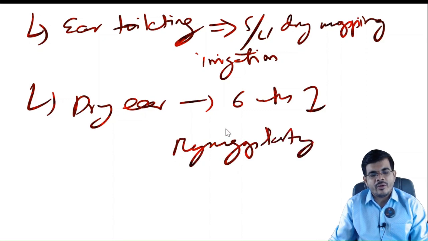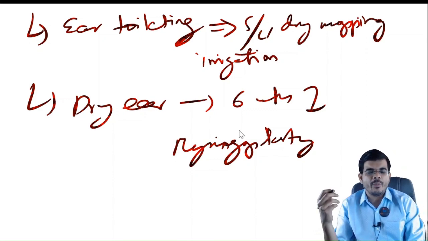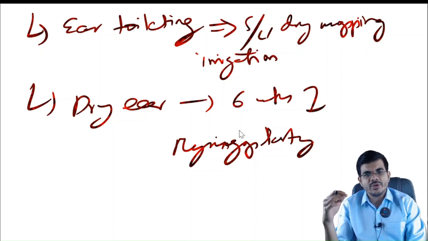Okay, myringoplasty. Now, when will you decide you have to go for a myringoplasty and not just wait for the perforation to close on itself? When are you going to do that? What you are going to do is, we are going to assess if the discharge is for more than 3 months.